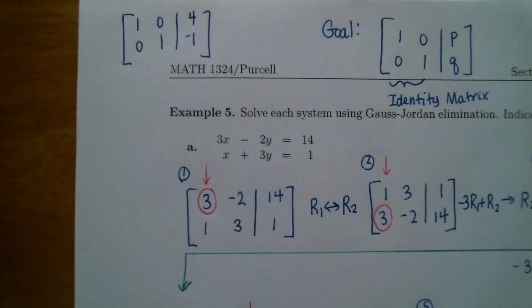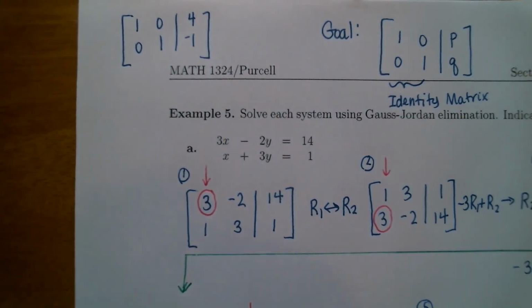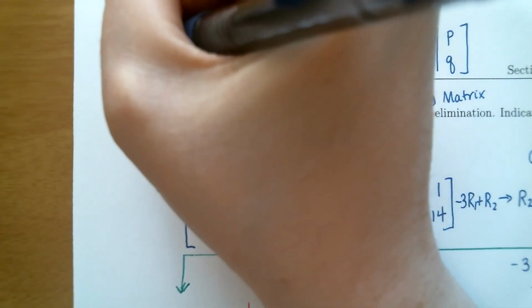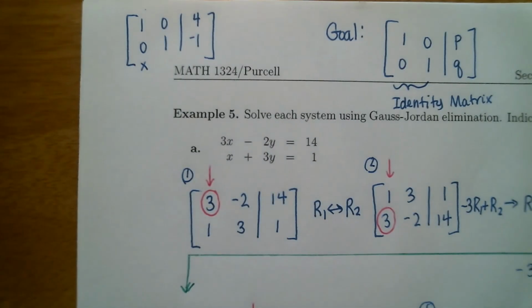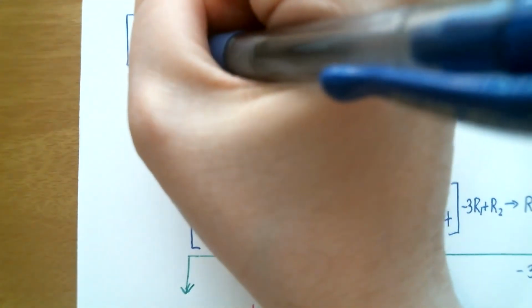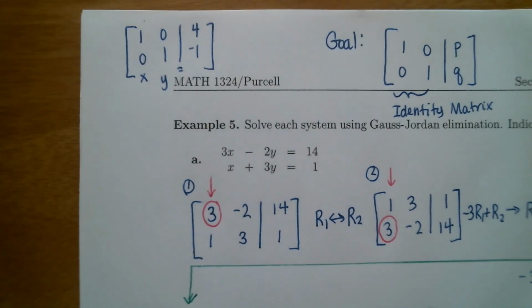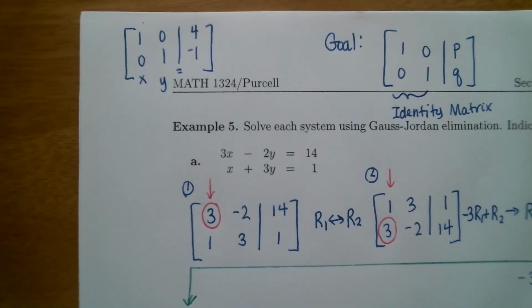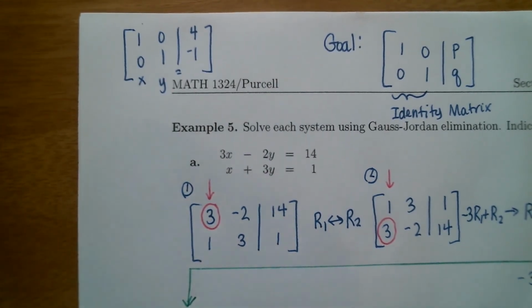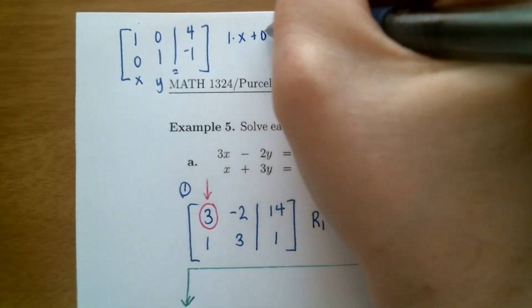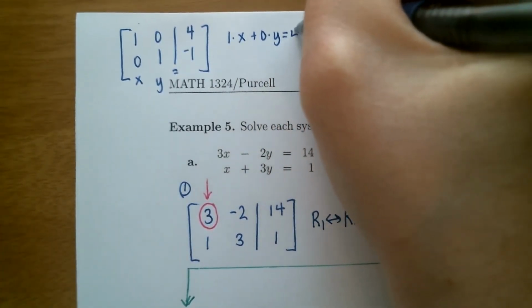Turn this back into a system of equations. Let's think about what this means. Remember, that first column, these are the numbers in front of x. That second column, these are the numbers in front of y. And then these are the numbers on the other side of the equal sign. So the first equation would be 1 times x plus 0 times y is equal to 4.